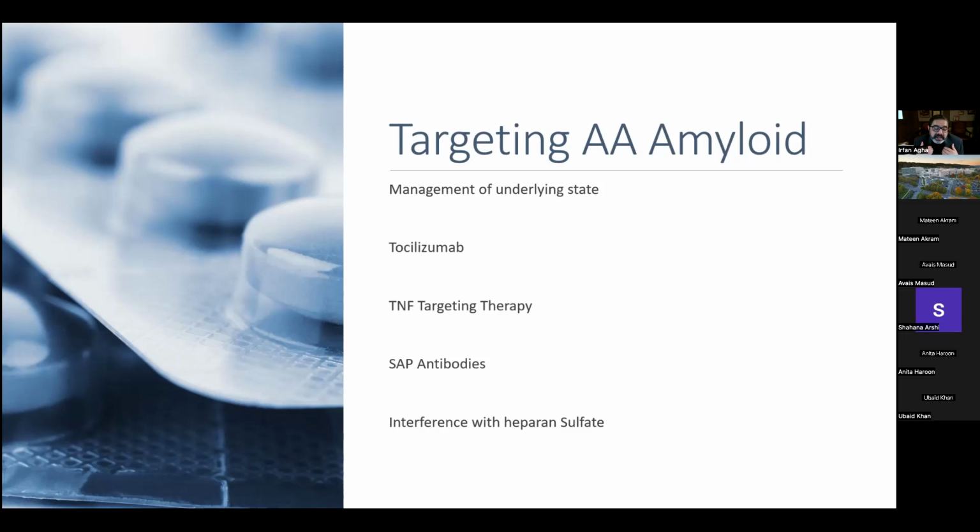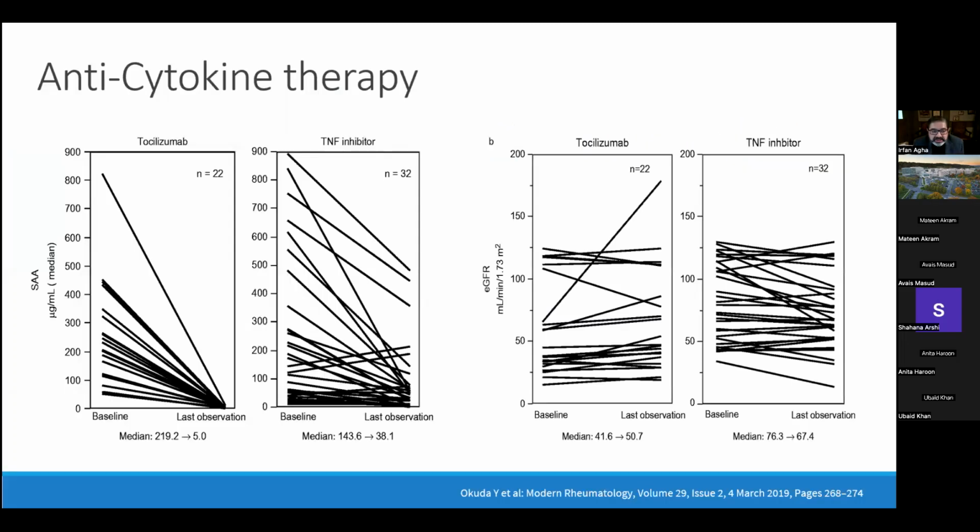I told you that the two types of cytokine that really trigger the hepatic cells to make more SAA are interleukin-6 and TNF, so you can try to target those. SAP antibodies is a newer concept where you start mobilizing fibrils that have already been deposited. And then we can try to use techniques to interfere with heparan sulfate, which then disrupts the fibers, but we won't talk about that because that's at a very preliminary stage.